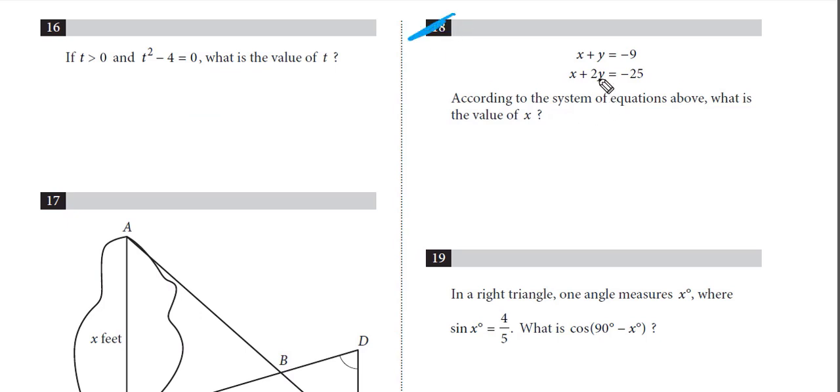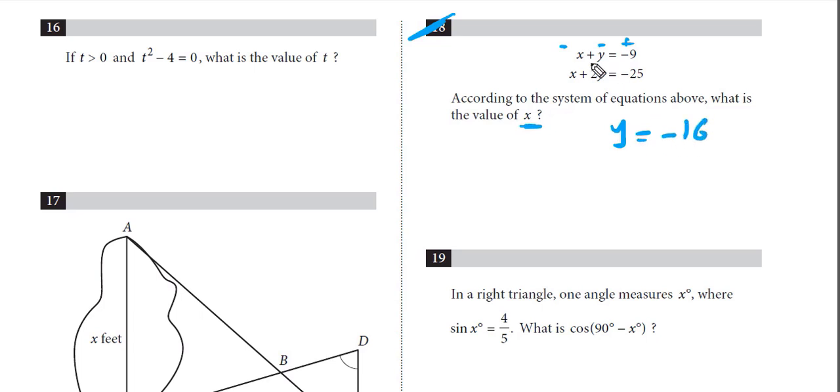Number 18. We have a system of two equations: x plus y equals negative 9, x plus 2y equals negative 25. According to the system of equations above, what is the value of x? Here, you can subtract them. If you subtract 1 from 2, x minus x is 0, 2y minus y is y, negative 25 plus 9 is negative 16.